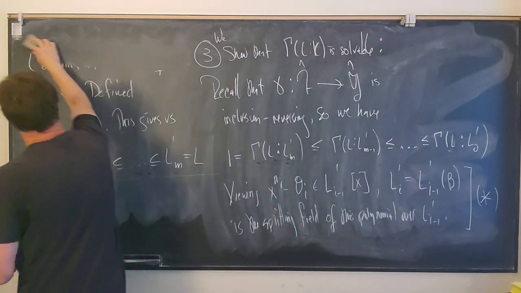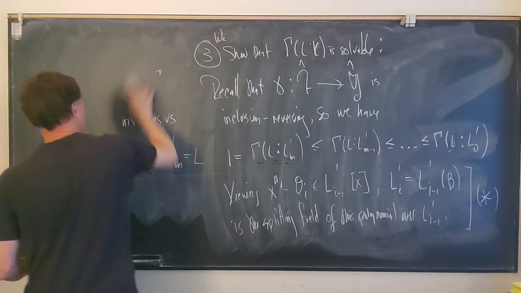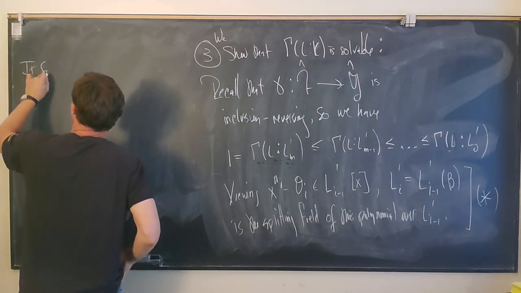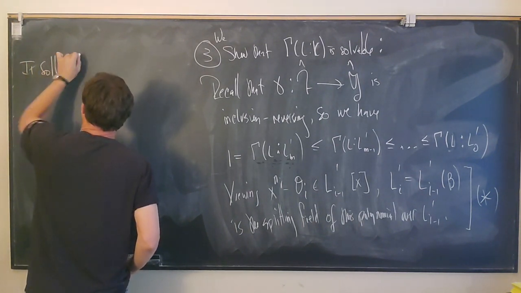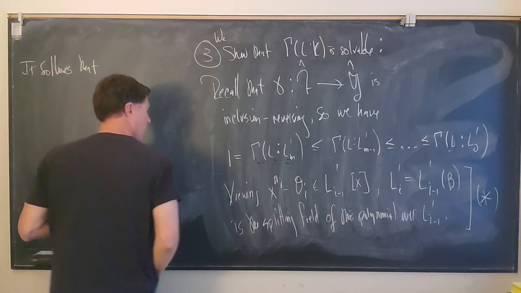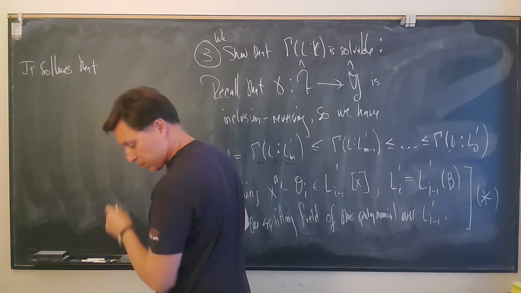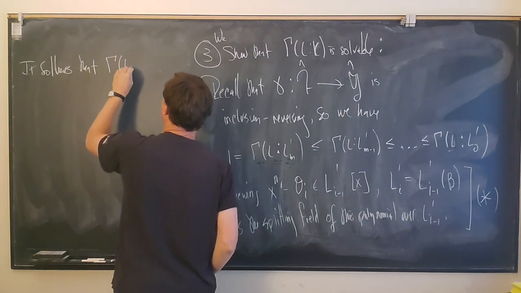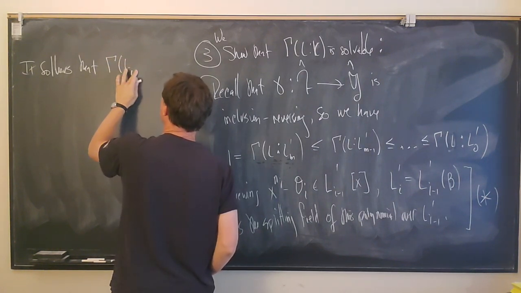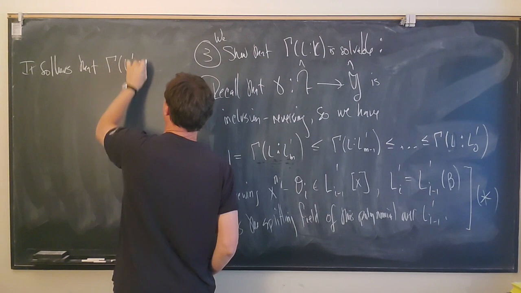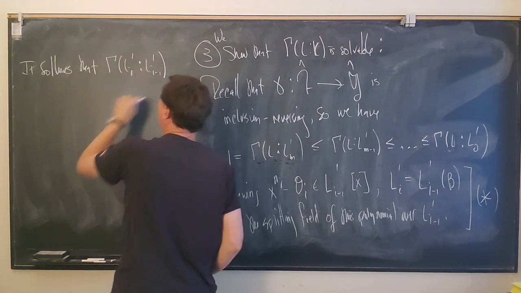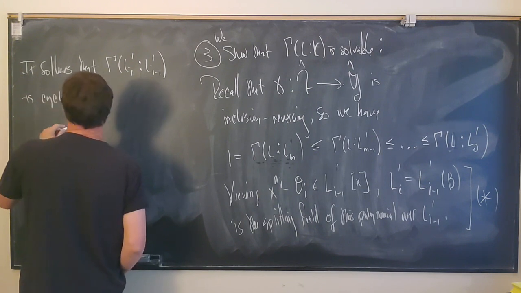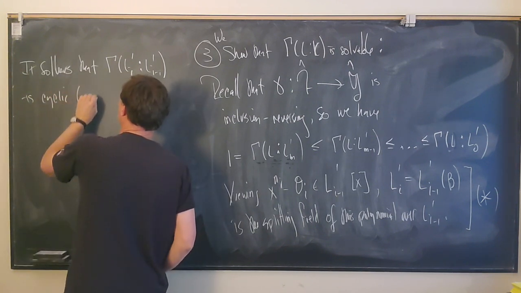Now, it follows that the Galois group gamma of L sub i prime over L sub i minus 1 prime is cyclic, and we can actually specify who the generator is.